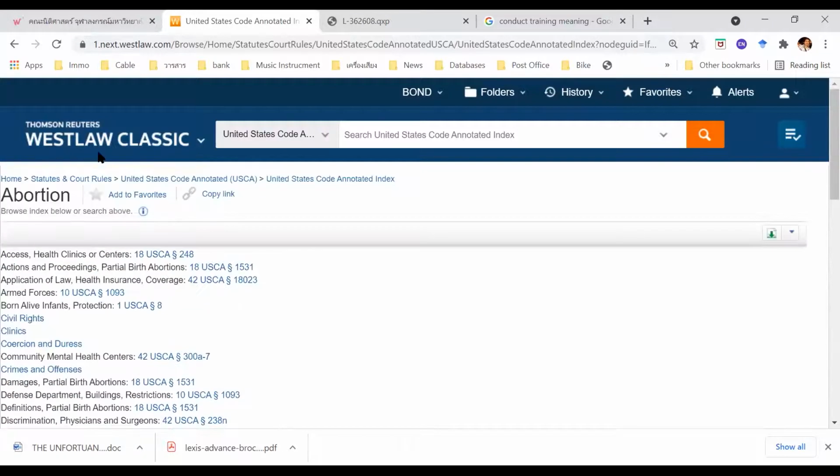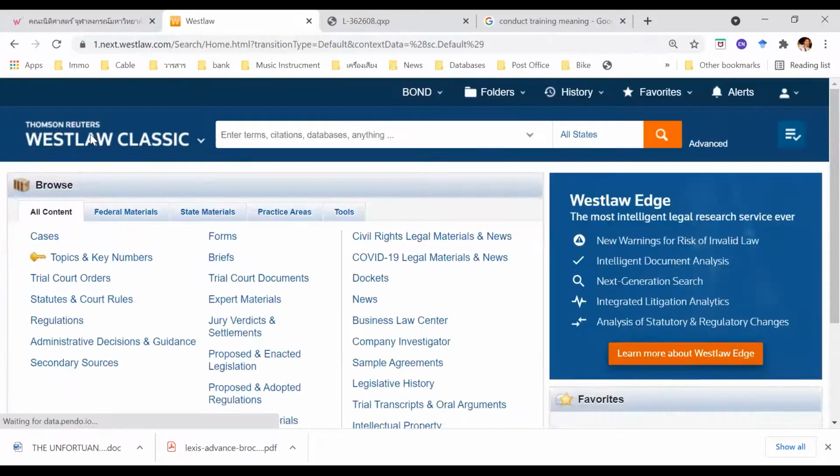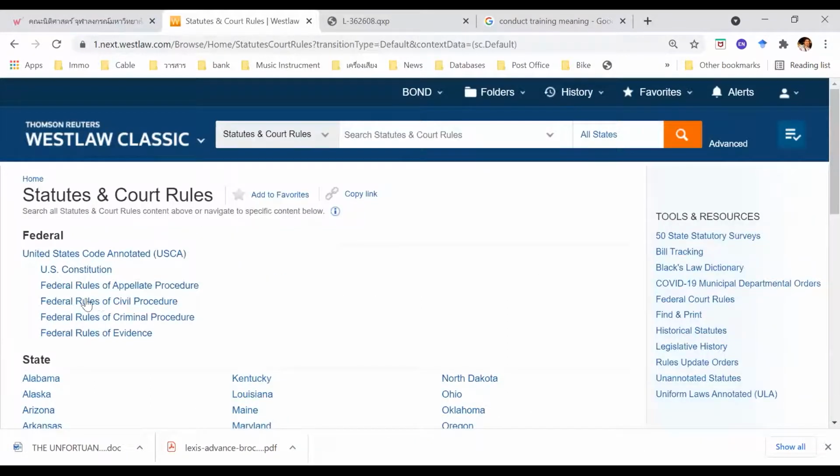This is what we call using the federal statutes. And another one, you remember the Lanham Act, Patriot Act. If you are looking for a specific law, suppose the Lanham Act, how can I search for it? The same thing, start with United States Code again.